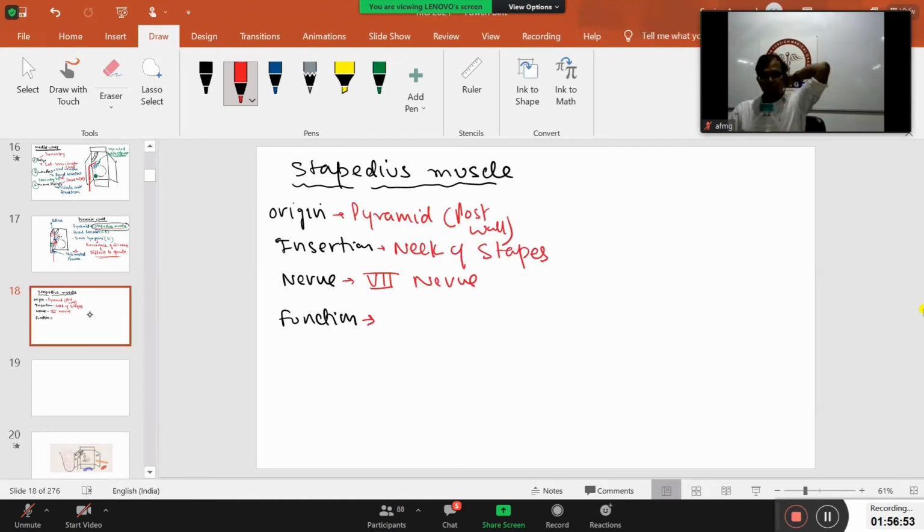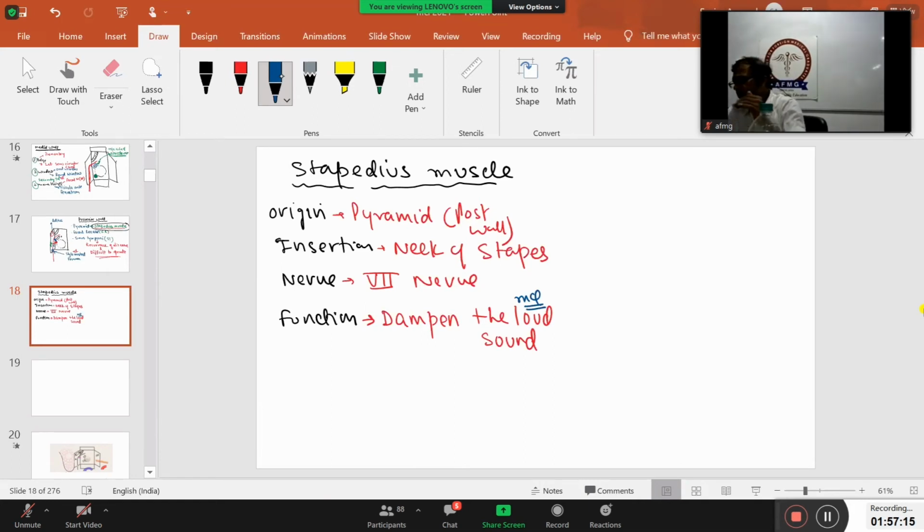Why do we have the stapedius muscle in the first place? The function is to dampen loud sound. This is a very important point. The muscle's function of dampening loud sound is a very popular MCQ. Remember this.